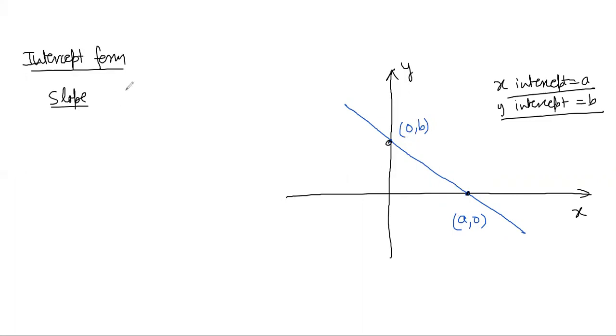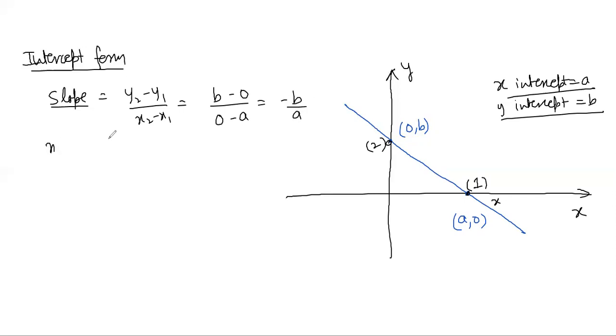Slope is y2 minus y1 upon x2 minus x1. Let us call it point 1 and point 2. So y2 minus y1 is b minus 0 and x2 minus x1 is 0 minus a. So minus b by a. So slope is minus b by a, and y-intercept is b.